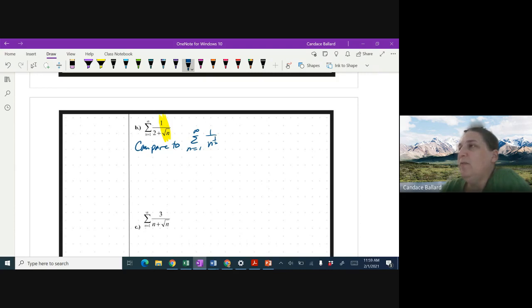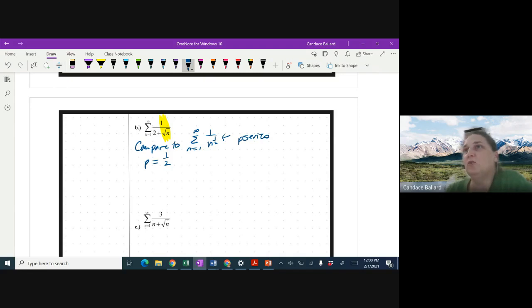So n to a power, okay, versus a fraction or a ratio to a power. That's right. We've got a p series going on here. Okay, so this is a p series. What's p equal to? Can everybody tell me what p is equal to? Oh, there we go. Good. It is equal to 1/2. Okay, whatever the exponent is, that's what the p is equal to.